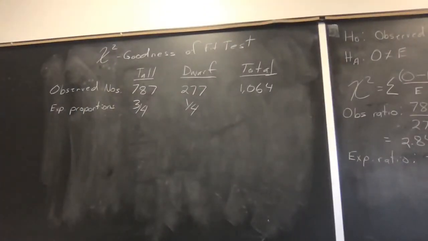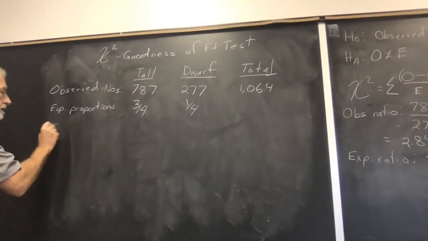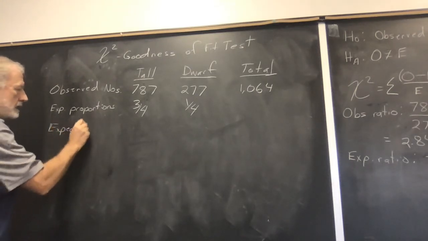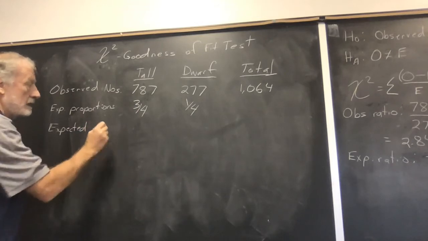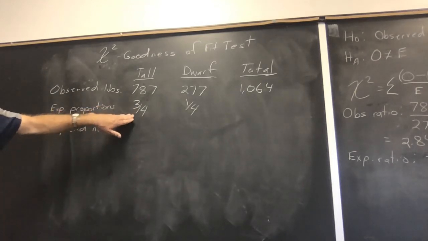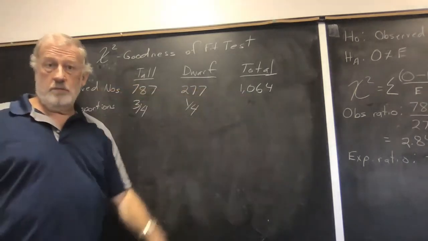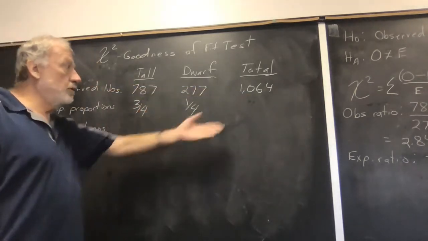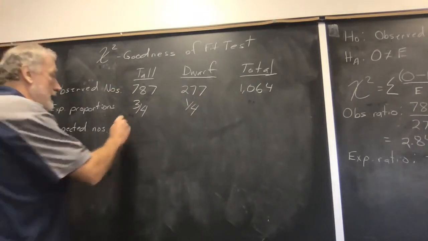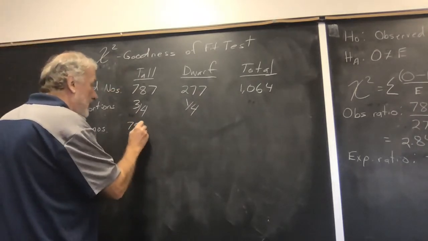So our next row is our expected numbers. To get those, we multiply the proportions by the total. Okay, so in other words, we're saying 3/4 of 1,064 is, in this case, 798.